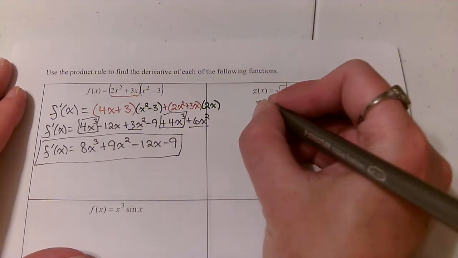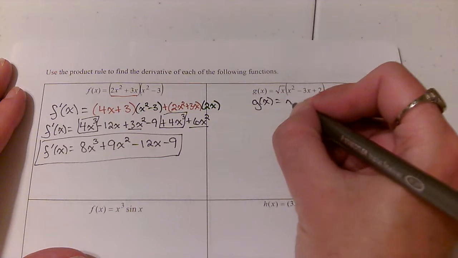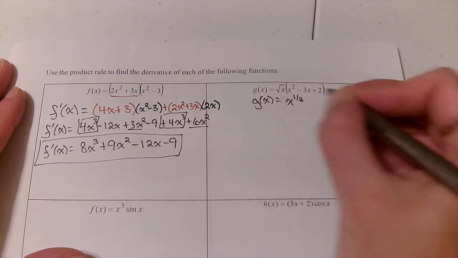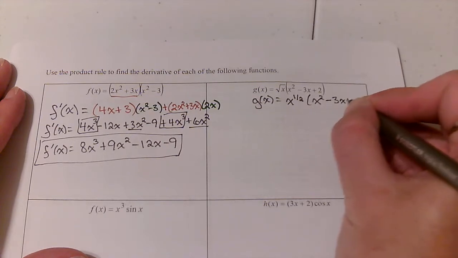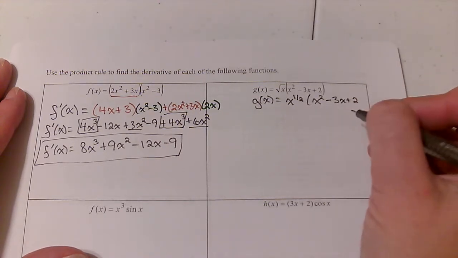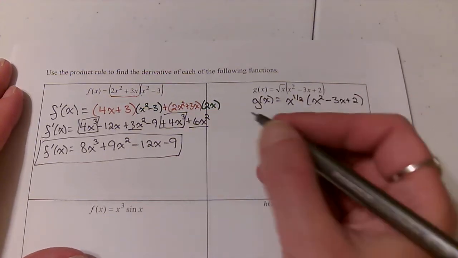For this one, it may be helpful to rewrite the square root of x as x to the 1/2 power. Now I know I could distribute and I'd be dealing with a whole bunch of weird radicals and stuff like that. So product rule comes in handy.